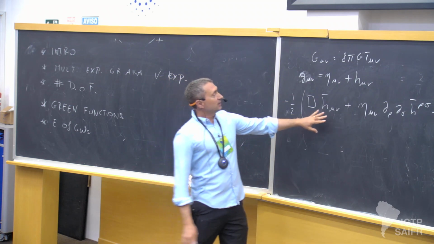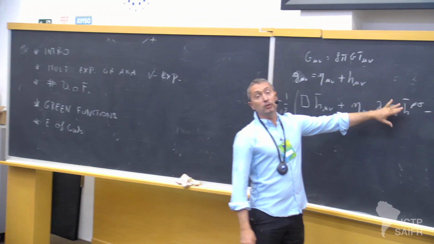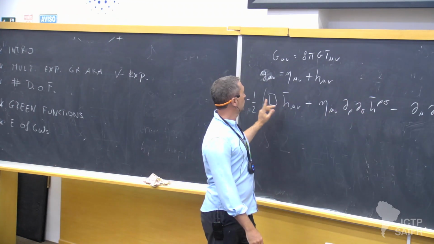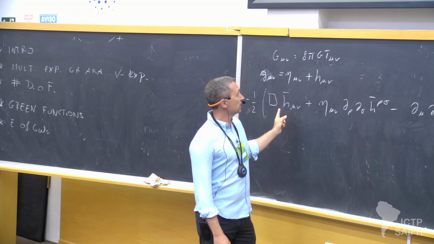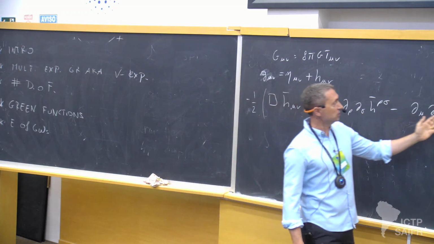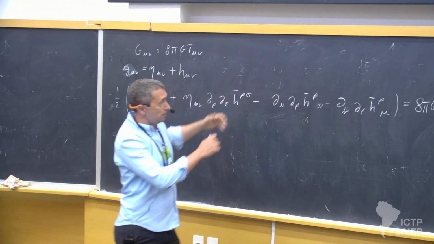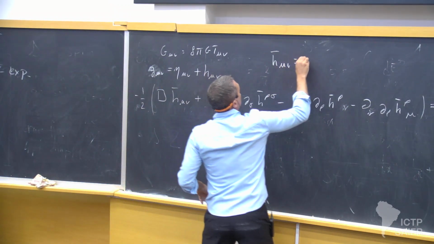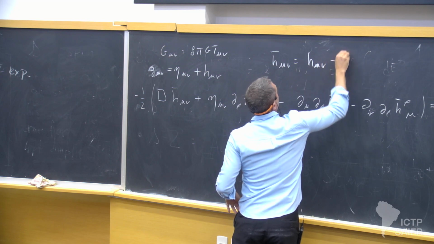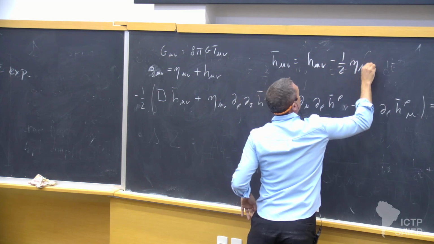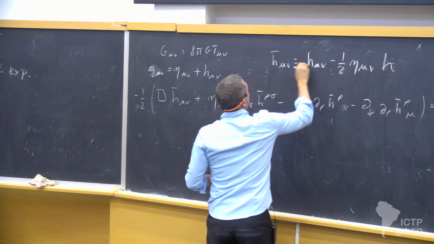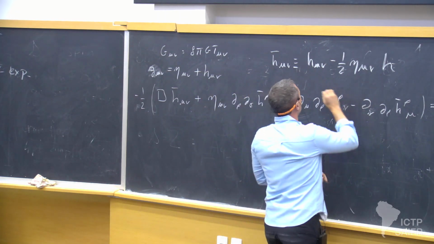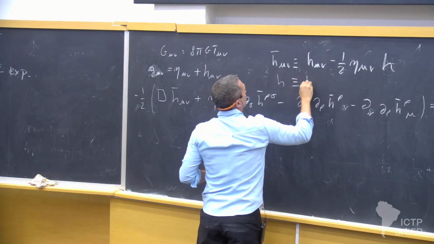You could think of more structure than this. If you just think of two derivatives acting on a rank 2 tensor, there is more structure coming out, but it just happened to be this. I haven't defined h-bar. h-bar is just the trace reverse of h, this is the definition, and h is just the trace.